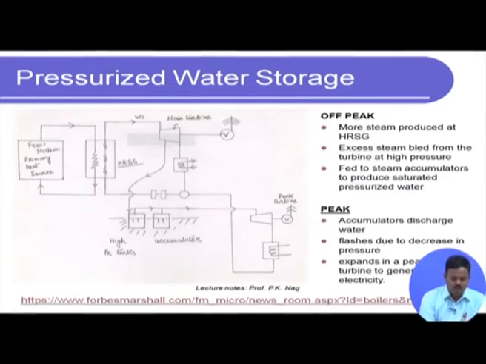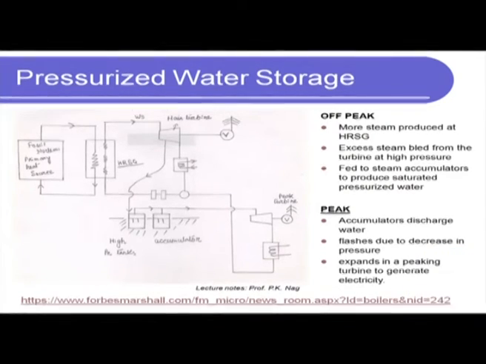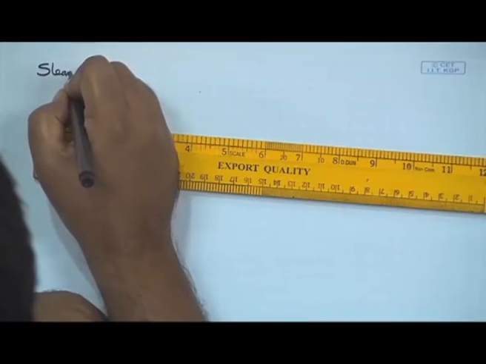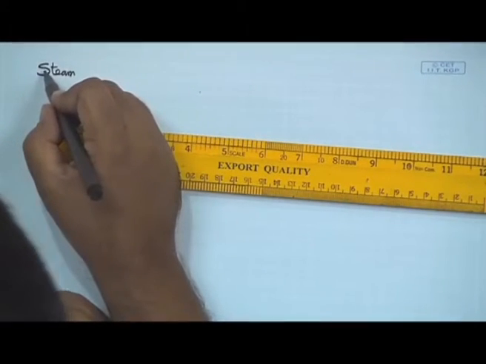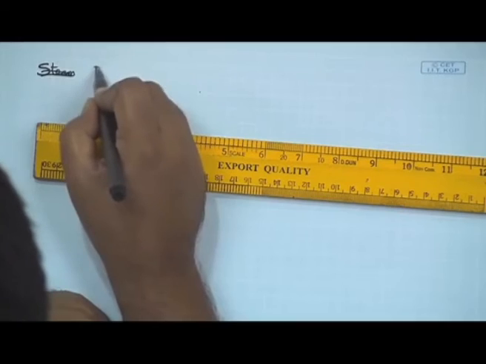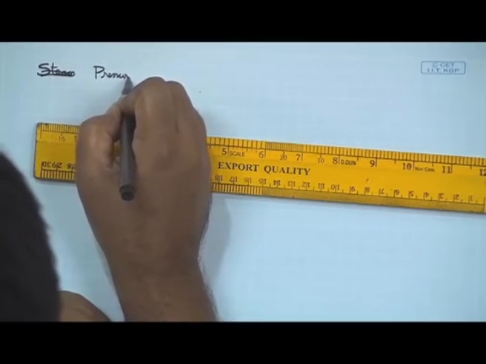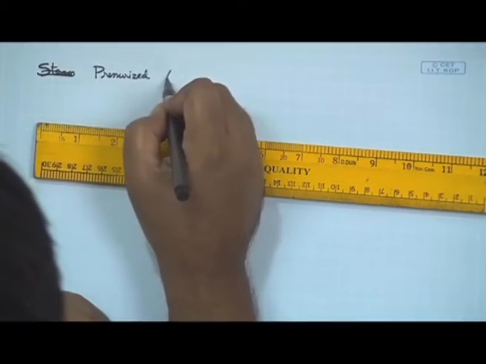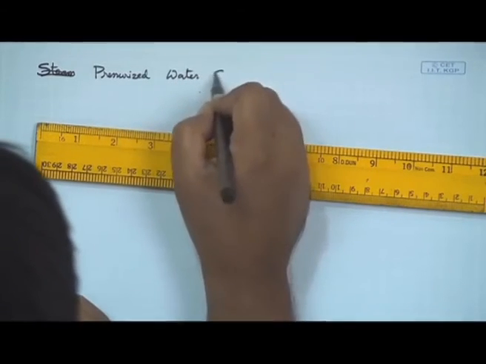All right. Now what we will do next is a little bit of a mathematical exercise, to get a feel for numbers as to how much energy we can store. For that, let us say we are discussing a steam accumulator, or pressurized water storage.